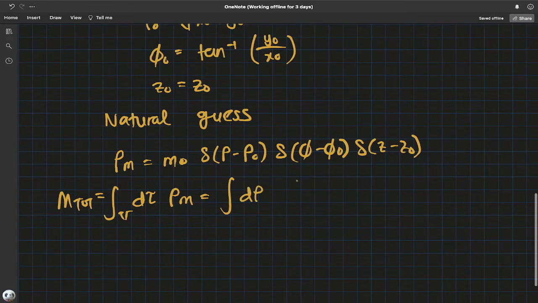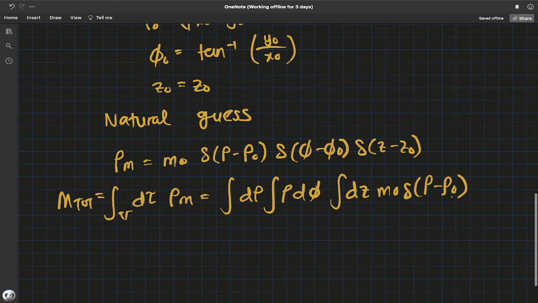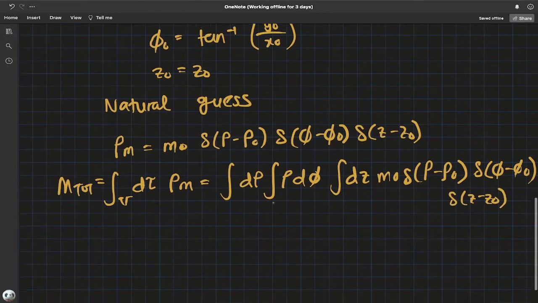So if you just integrate, the volume element in cylindrical is d rho, rho d phi, dz, and then just plug everything in. So m naught delta rho minus rho naught, delta phi minus phi naught, delta z minus z naught.